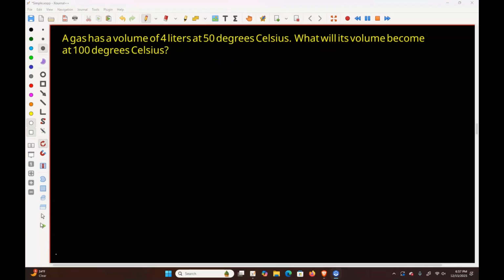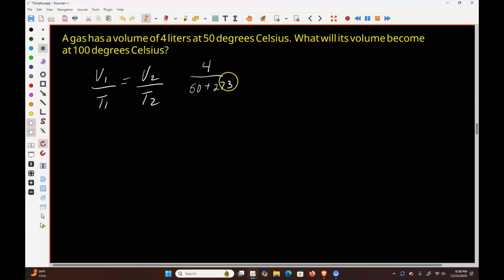A gas has a volume of 4 liters at 50 degrees Celsius. What will its volume become at 100 degrees Celsius? Okay, so I have volume and temperature. So that's V1 over T1 equals V2 over T2. So that's 4 liters. The temperature is 50 plus 273. I'm looking for volume 2, and the temperature is 100 degrees Celsius.